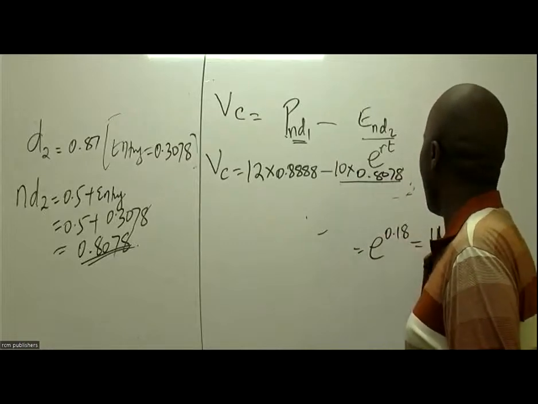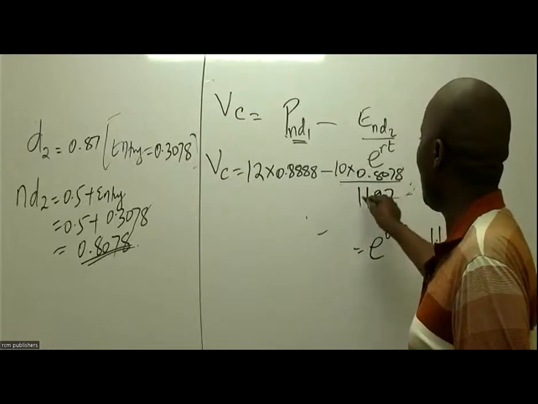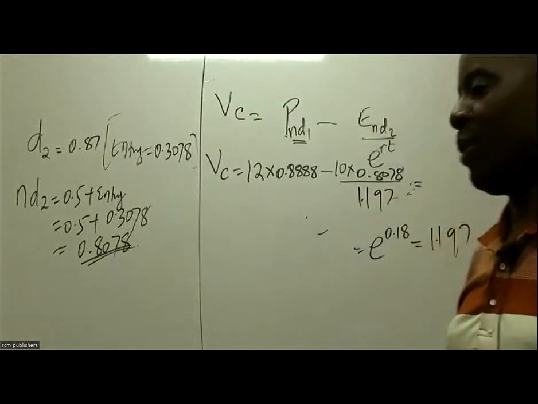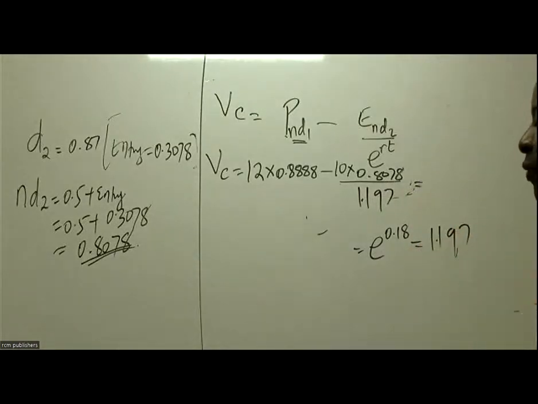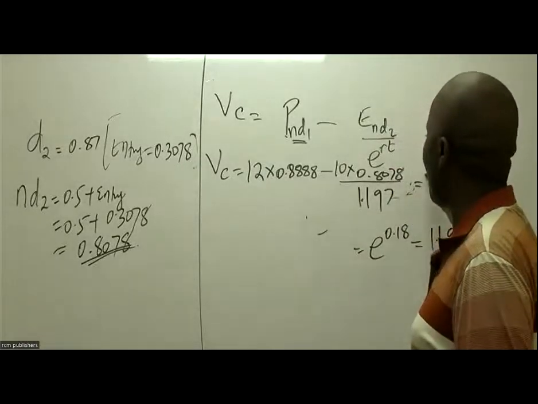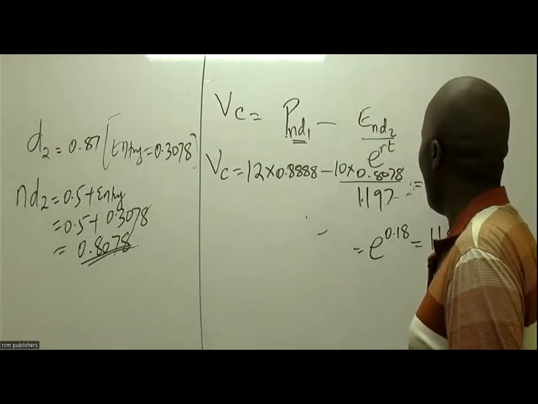Divide this by this 1.197. Then you should be able to move with speed and give us value of a call option. So Lucy gives me a figure of 3.92.